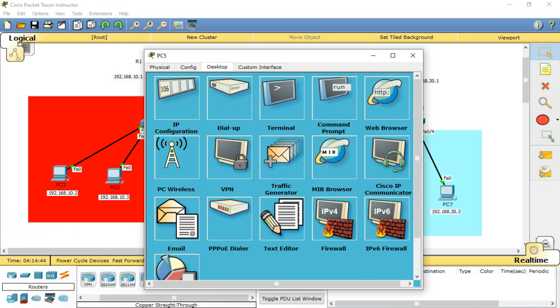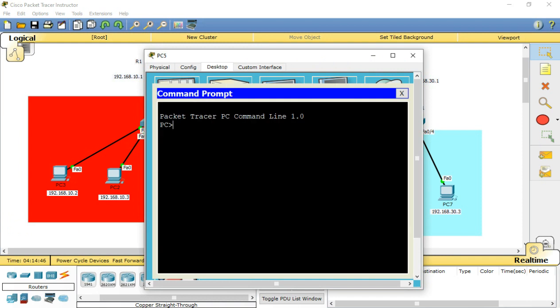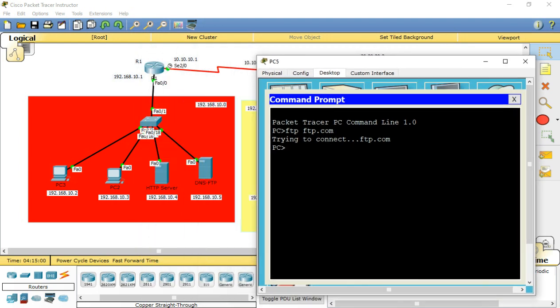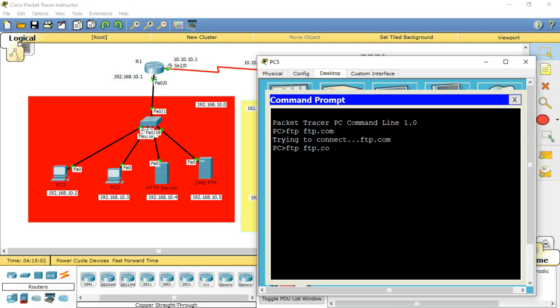So let's try to use the DNS. We will FTP to www.ftp.com. It cannot find ftp.com, it cannot access ftp.com. But what if we write the IP address directly? 192.168.10.5, the same FTP, but you can see that we write the IP address, so there is no need for the DNS services, so it connects.